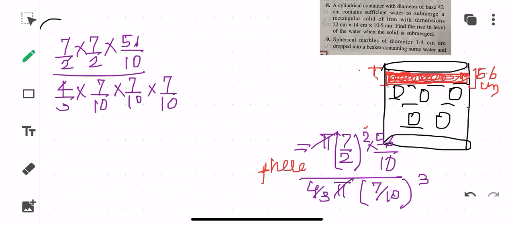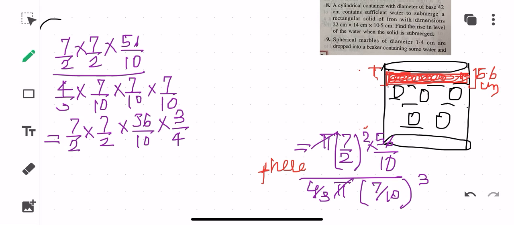Now you have to calculate this. You will be getting 7/2 into 7/2 into 56/10 into, see this 3 goes up, this becomes 3/4 into 10/7 into 10/7 into 10/7.